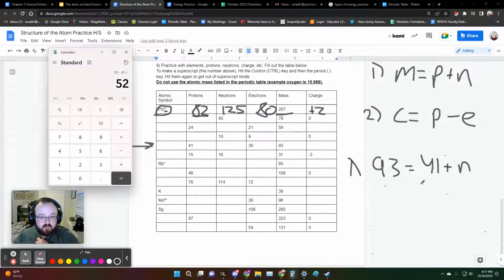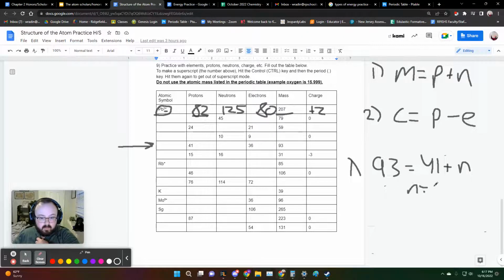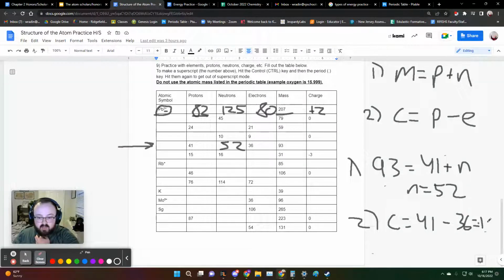There's 52 neutrons. Well, I can calculate my charge here because my charge is equal to my protons, which is 41, minus my electrons, which is 36, and this gives us a charge of positive 5.